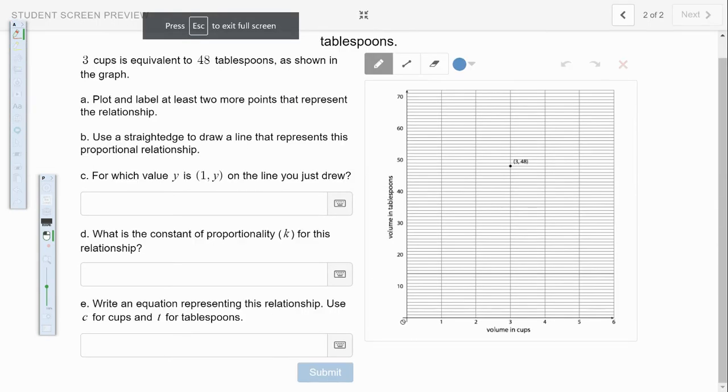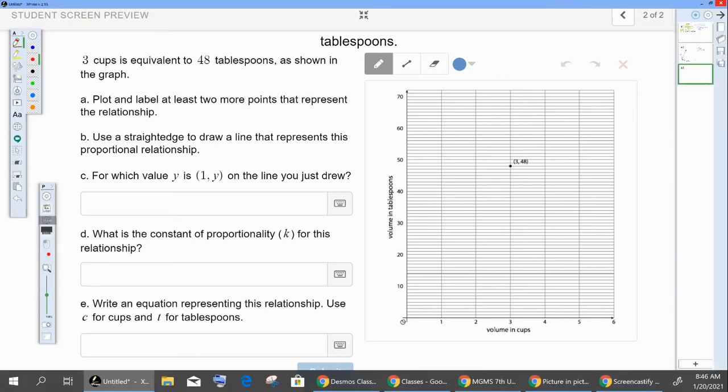Okay, so this slide, it gives you some information. It tells you, and this is really important, there are 3 cups, which is equivalent to 48 tablespoons. That's a ratio, and that's shown in the graph. Well, where is that literally shown in the graph? It's shown right here, at this point. It says 3, 48.